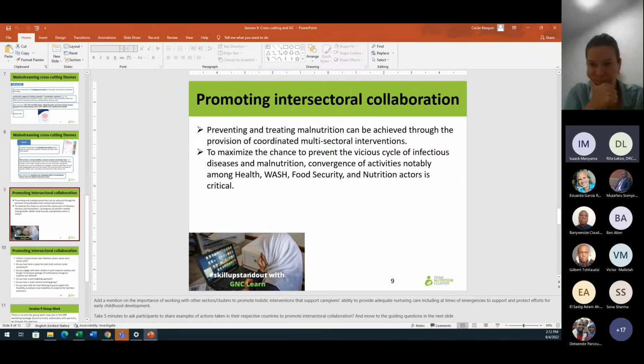So we developed some kind of activities which we were calling a minimum package for the different sectors. So we sent it to them, they reviewed it.